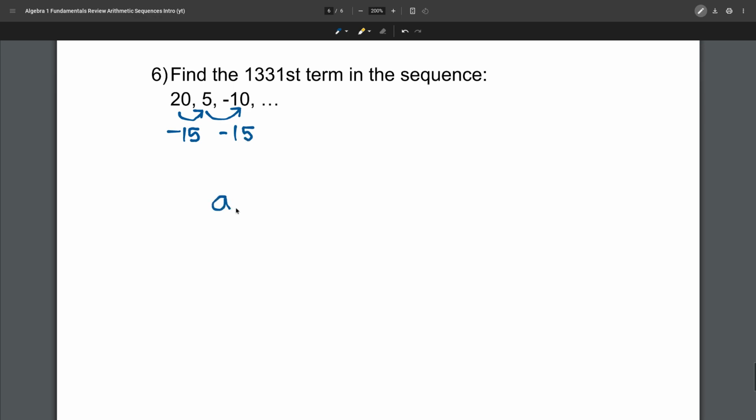So the 1,331st term, a sub 1,331, equals our first term 20 plus 1331 minus 1 times negative 15.